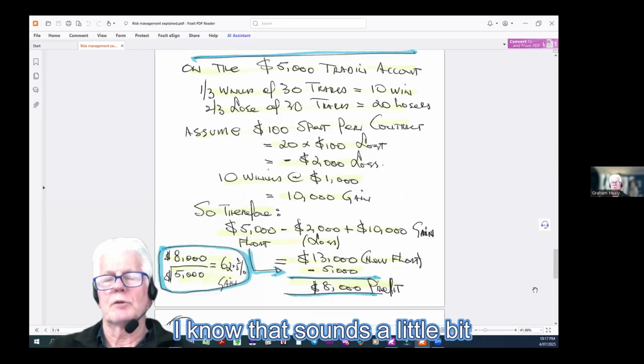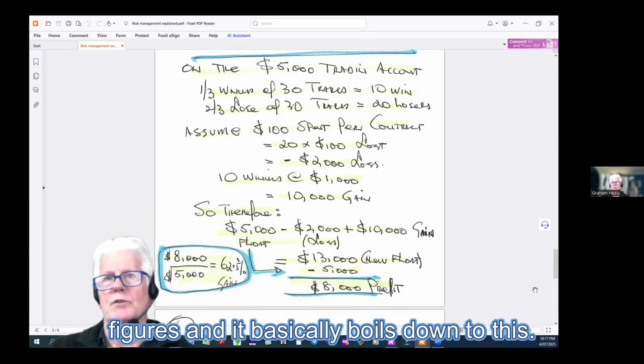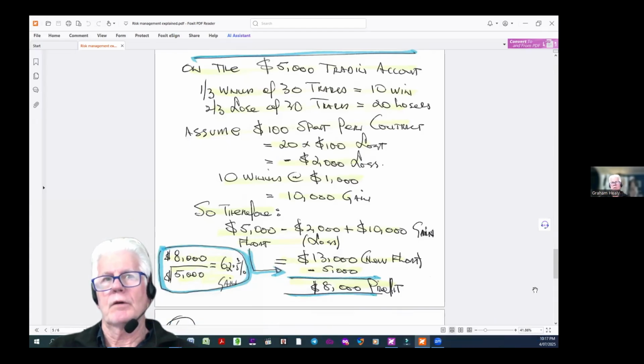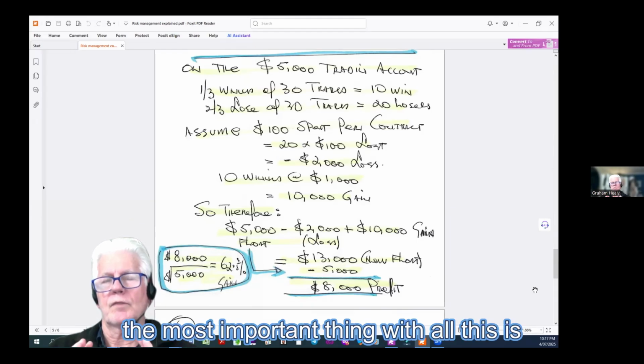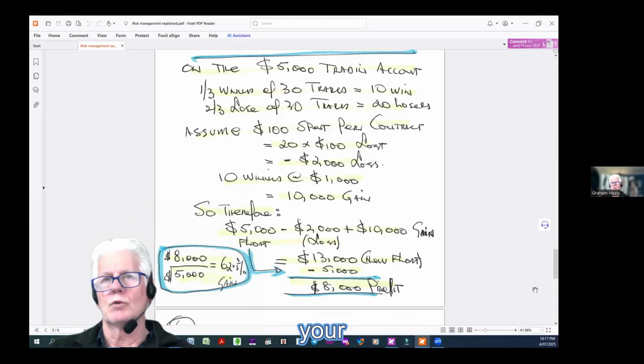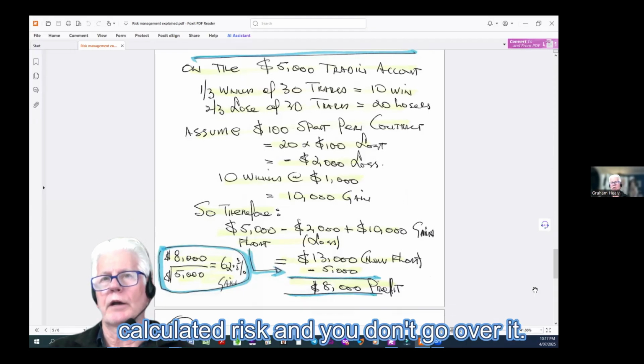I know that sounds a little bit complicated, but you just go through those figures and it basically boils down to this. The most important thing with all this is that you calculate your calculated risk and you don't go over it.